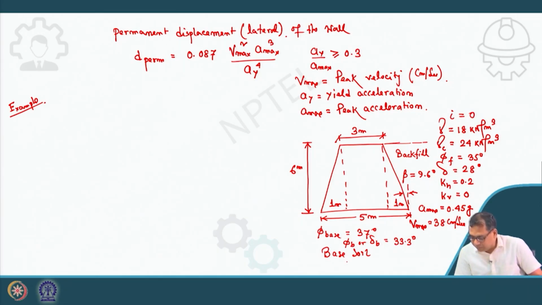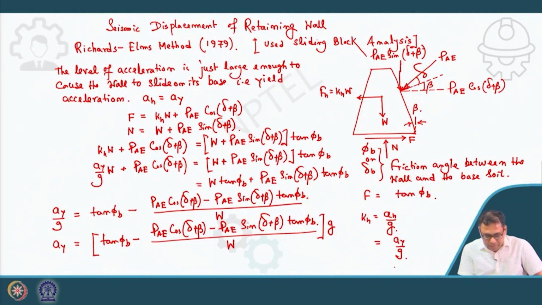So what is the value of D permanent in this case? One thing you remember is that if you want to determine the yield acceleration, you need to know the PAE, because I don't know the yield acceleration.